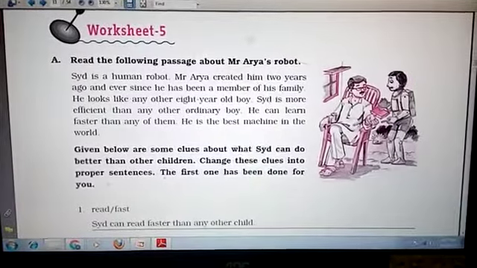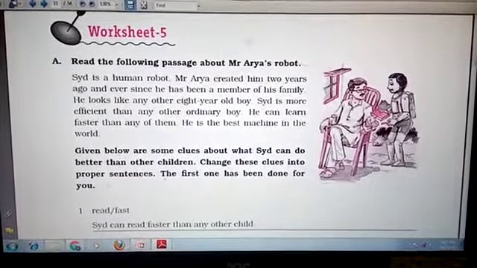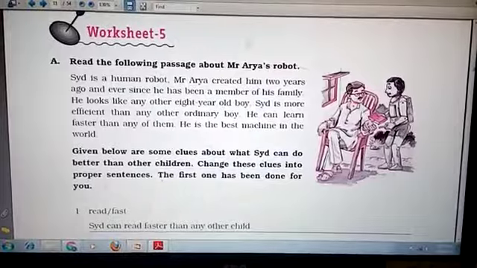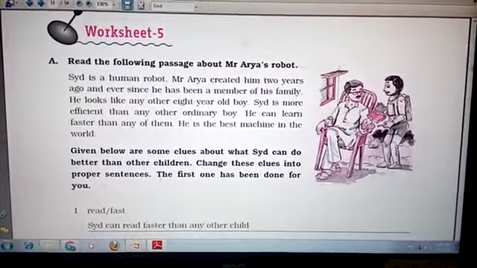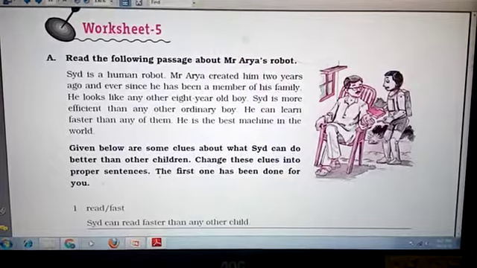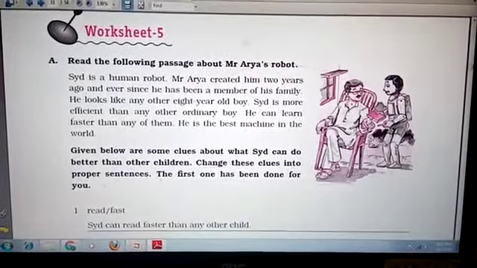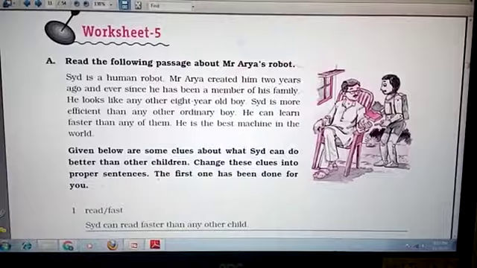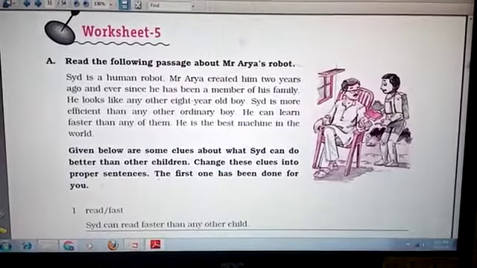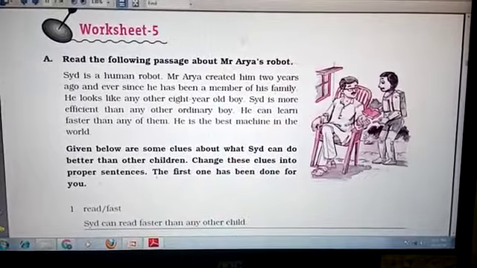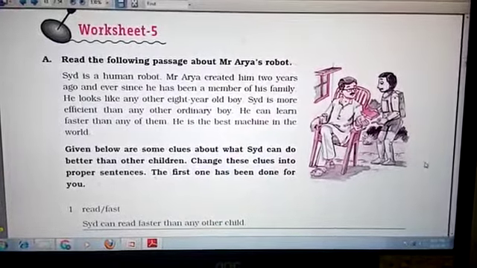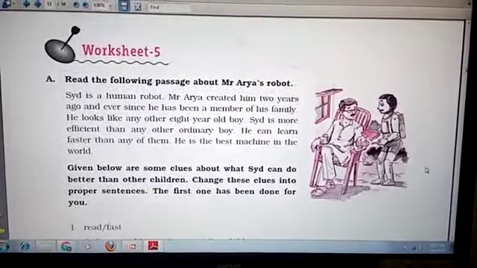Mr. Arya created him 2 years ago, and ever since he has been a member of his family. He looks like any other 8-year-old boy. Sid is more efficient than any other ordinary boy. He can learn faster than any of them. He is the best machine in the world.